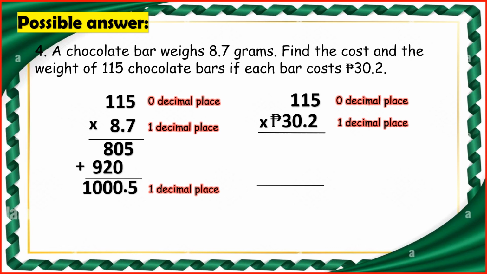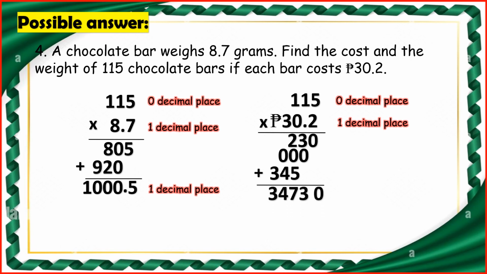So we will multiply first 115 by 2. The answer is 230. And then we will multiply 115 by 0. The answer is 000. And then 115 multiplied by 3. The answer is 345. And then we will add.